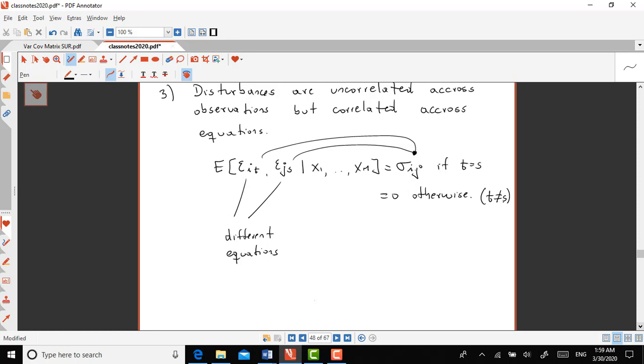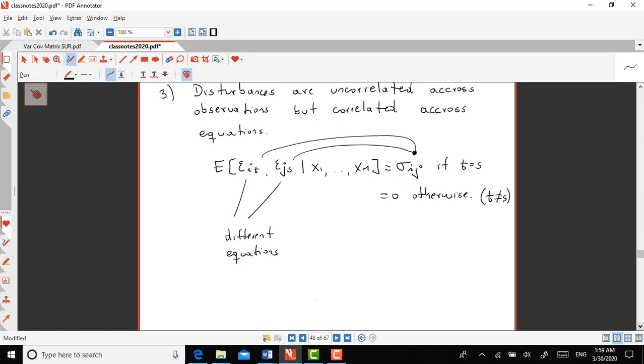But now remember that we're estimating another equation for the same group of individuals. So what we're saying here is that the observations for the same individual, but for different equations, are correlated.